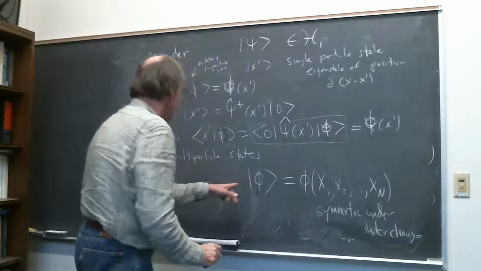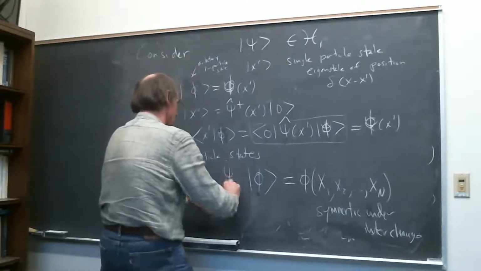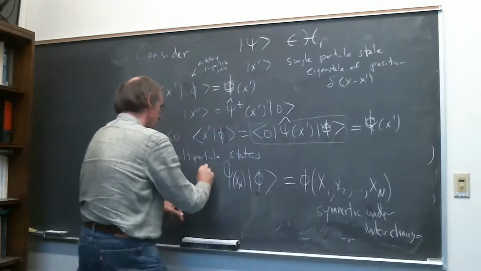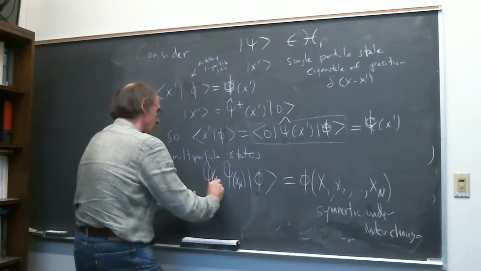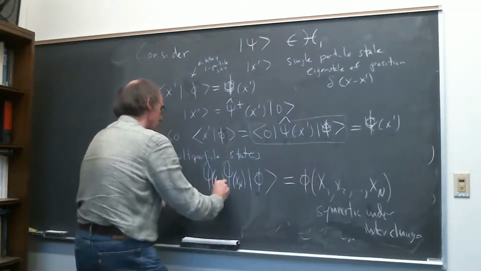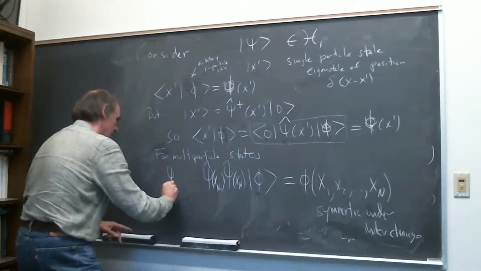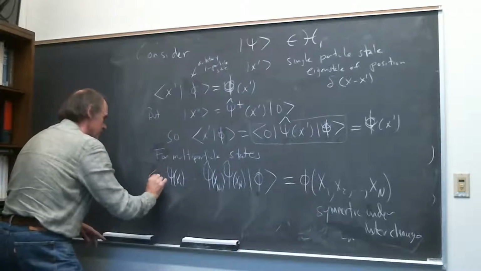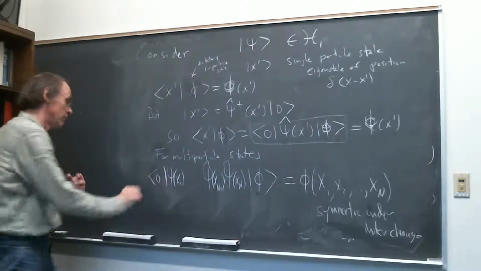Well, I could just do the same thing here: take the inner product of the ground state with psi of xn, psi of xn minus 1, and so on, acting on the state. Okay.